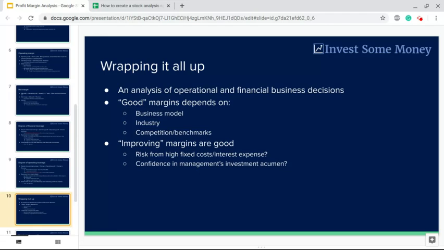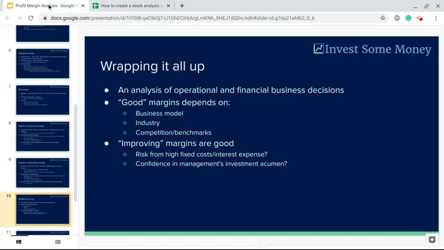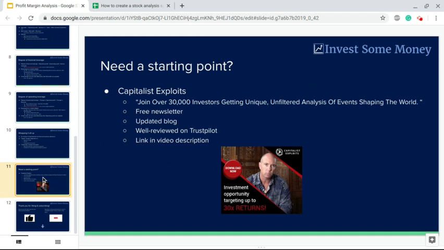So a company with high degrees of leverage can be fine if management's sharp and they make good investments of that nature. So, like I said, just keep that in mind as you go through your analysis, as you fill out either this model or something like it, whatever you do, keep it in the back of your mind. So that does wrap it up.